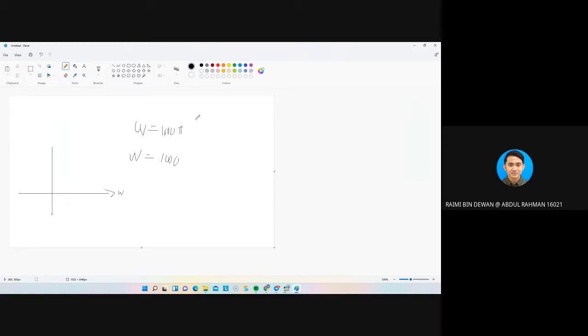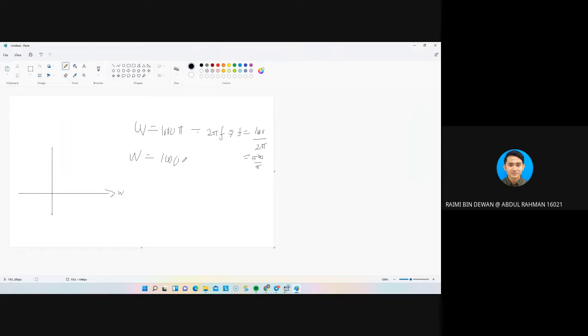So let's say for this condition, it is 2 pi f. So what is your frequency actually? Your frequency is actually 1000 over 2 pi, which is 500 over pi. Okay, so how about this one?